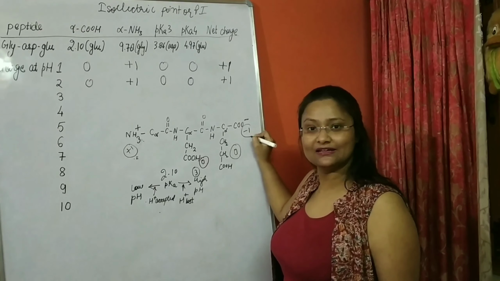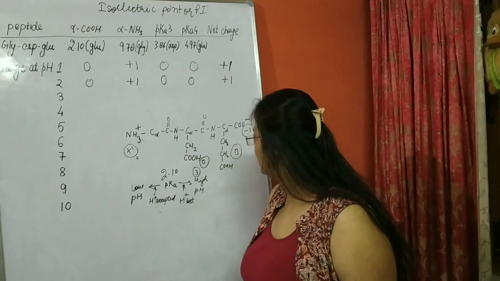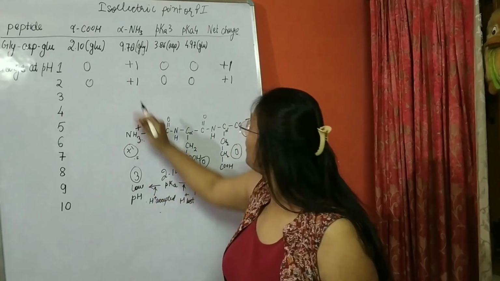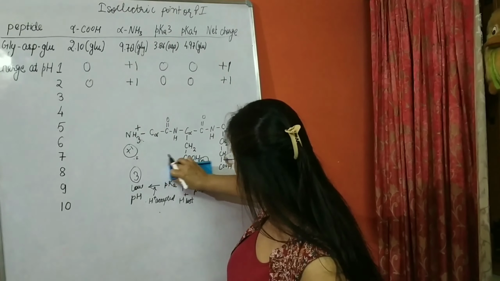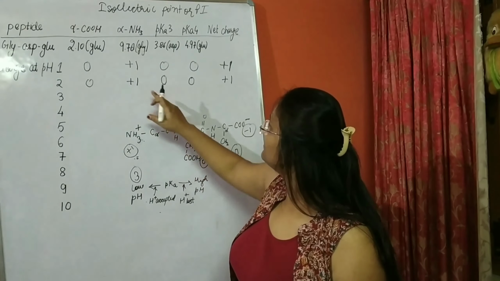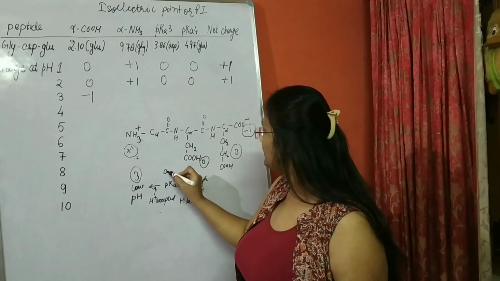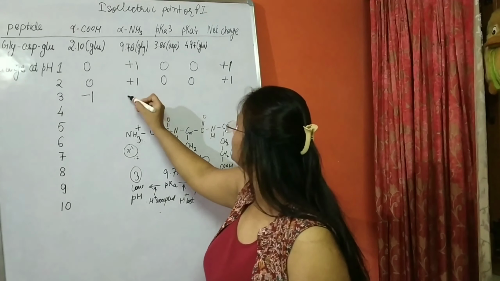So the charge will be minus 1. But for the rest of the others, the pH is low, because all other pKas are greater than 3. For 9.78, it will remain accepted. So it will be plus 1.